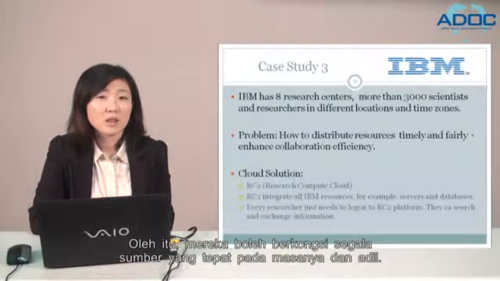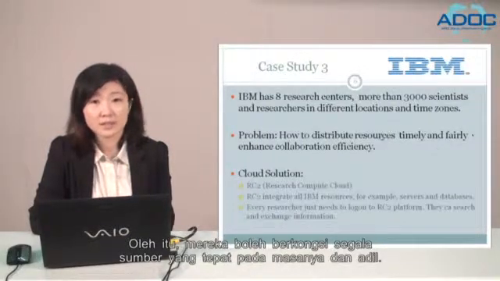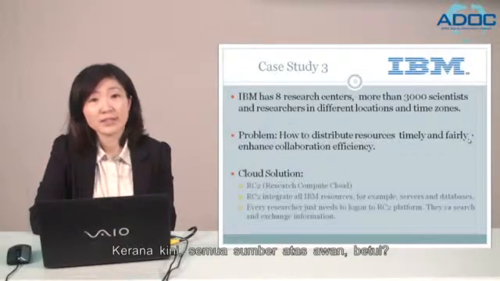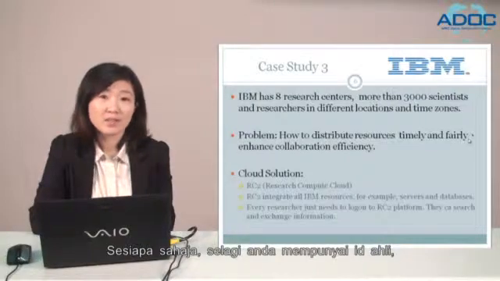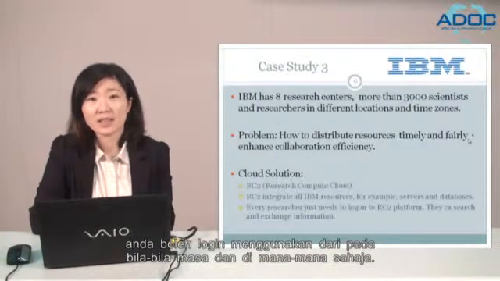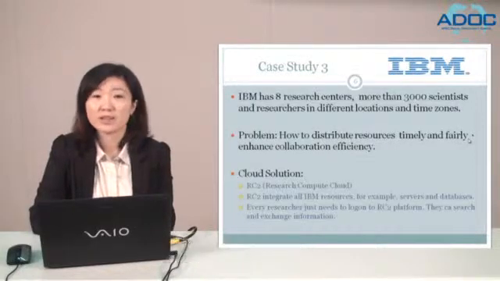Therefore, they can share all the resources timely and fairly, because now all the resources are on the cloud, right? Anyone, as long as you have a member ID, can log in and use it at any time and anywhere.